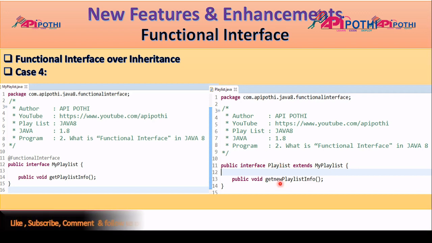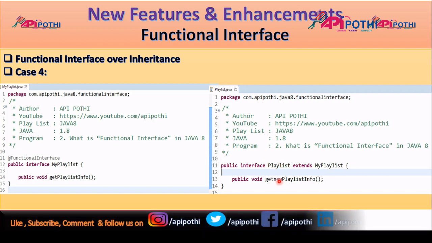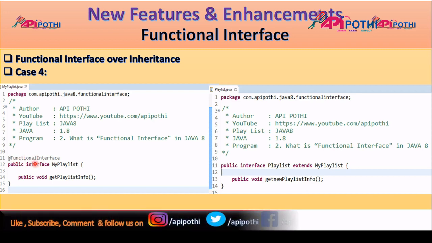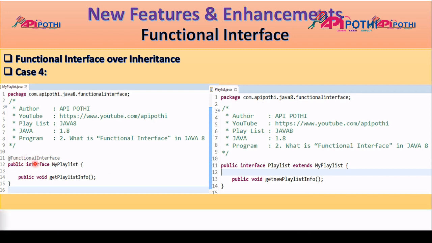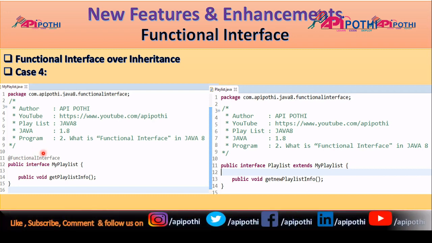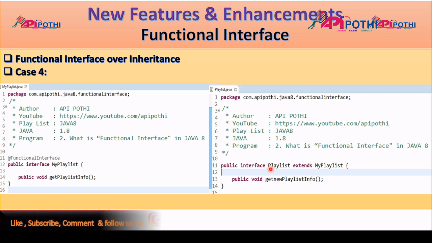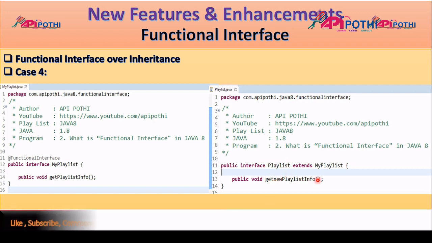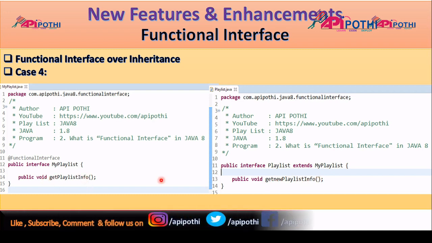Okay, but technically, as I already told you, @FunctionalInterface is not mandatory to create a functional interface. This annotation is given just to protect your interface. Now technically, this Playlist contains two unimplemented methods, getNewPlaylistInfo and getPlaylistInfo.